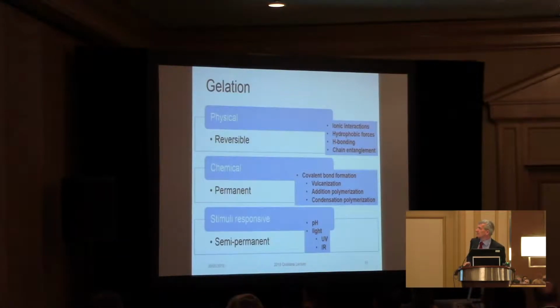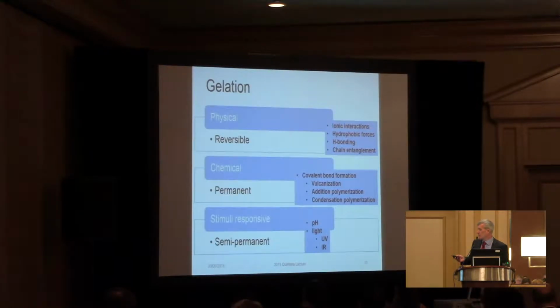The gelation can be achieved either using physical cross-link with very weak ionic bonds between the molecules, or using chemical cross-linkers, where these chemicals, which are generally toxic, will create stronger covalent bonds between the molecules and turn basically the liquid into a solid gel.